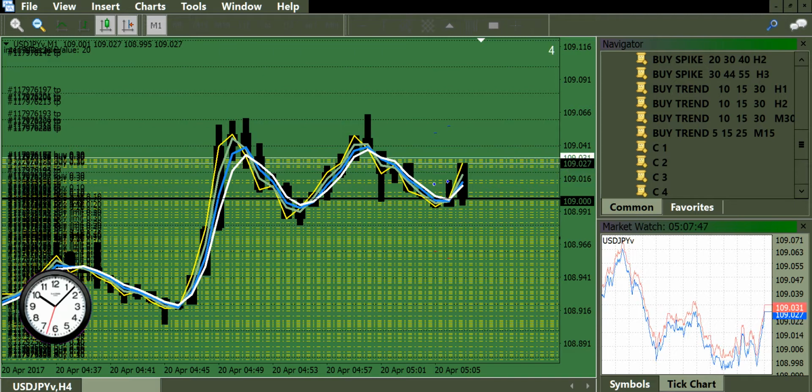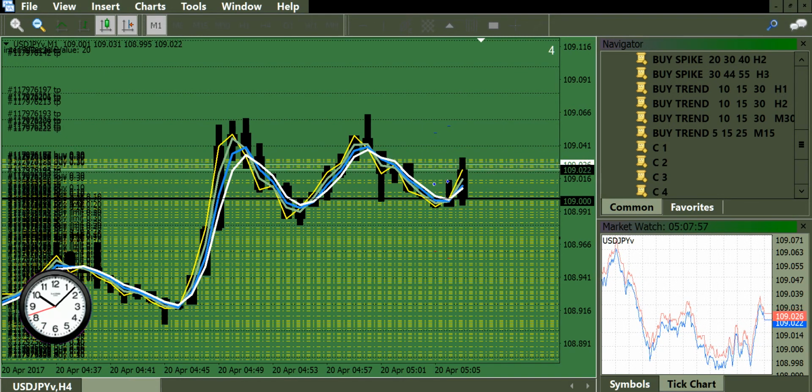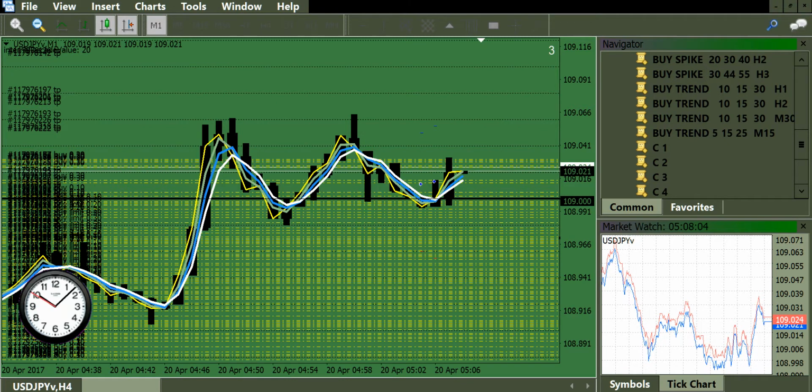So we went long on that inverted hammer, 1 minute inverted hammer with the crossover. It's combining candles with the moving average. Like here's an inverted hammer just before the crossover on the 1 minute.